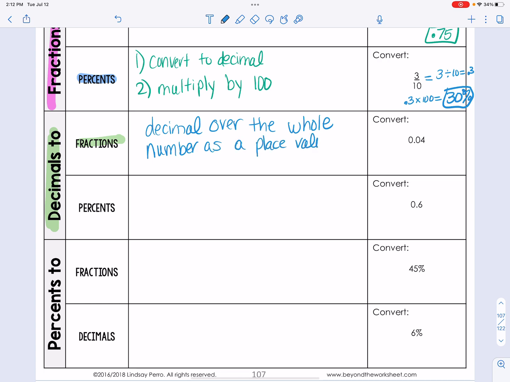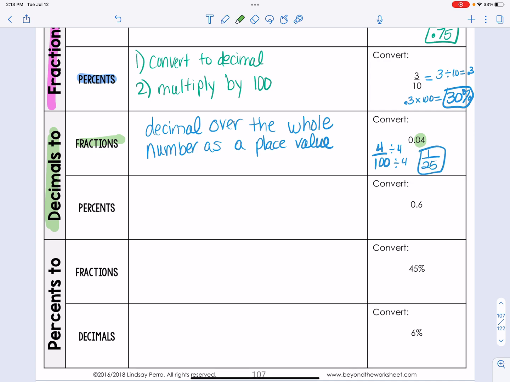So we've been kind of talking about this. This all should seem like review. So if I was doing this first one, that would be 4, and if I look, there's 2 decimal places. That's the 100th place, so I'm going to divide by 100, and then I can reduce this, and my answer is 1/25.